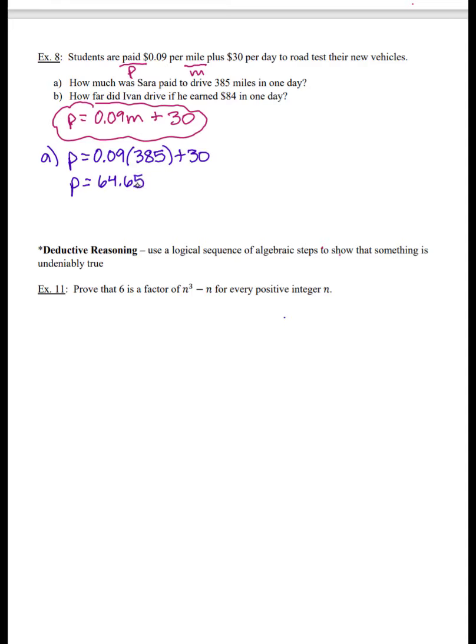Now, something I think is really important with word problems, and this is step 4, is interpret the solution in the problem setting. So not just saying P equals 64.65, but what does that mean for the scenario? Just putting a quick little statement. So Sarah was paid $64.65.